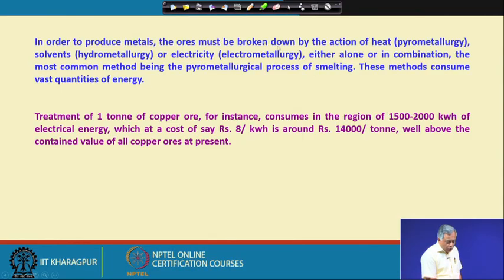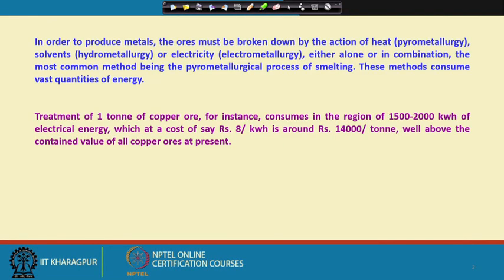Now, normally in any copper ore, we get around 1 to 1.2% of copper. So how much copper will I be able to sell after extraction, and what money will I get paid for that? It will be much less than 14,000 rupees. So how to make this business profitable?